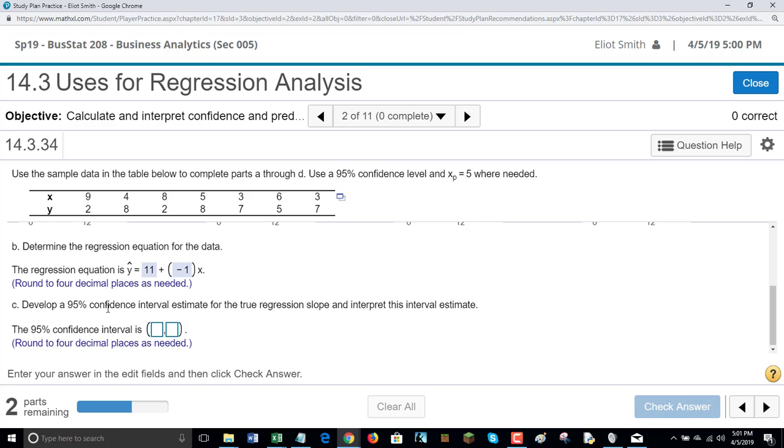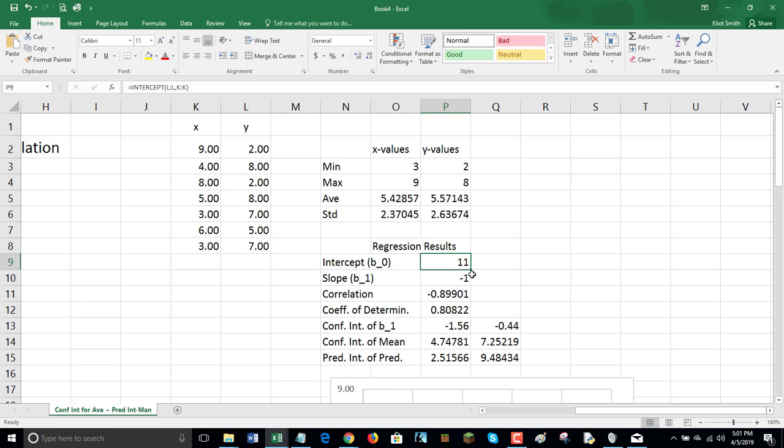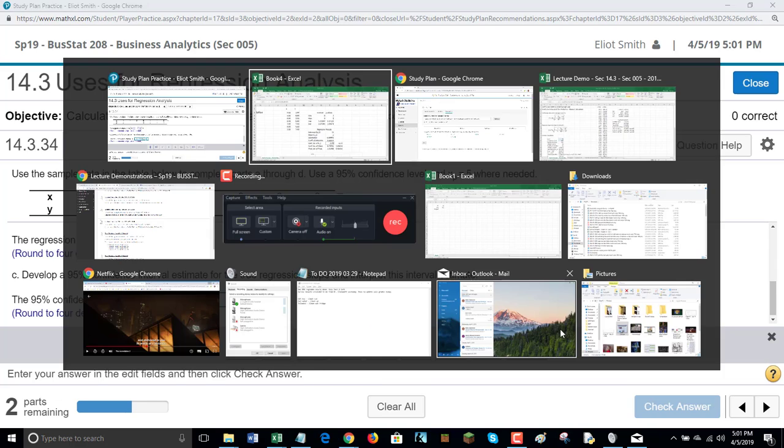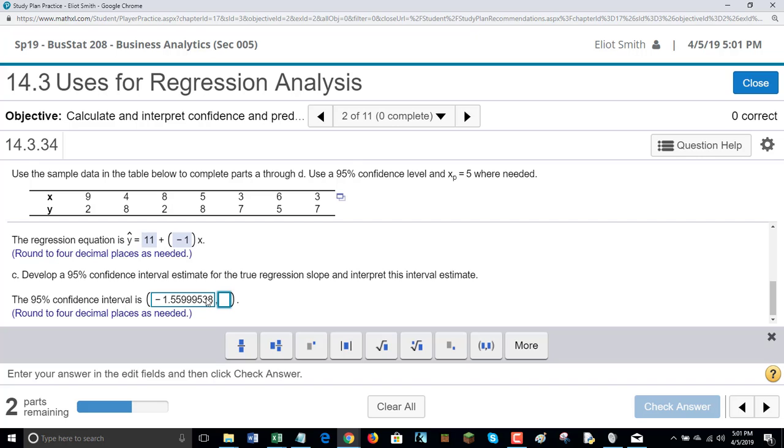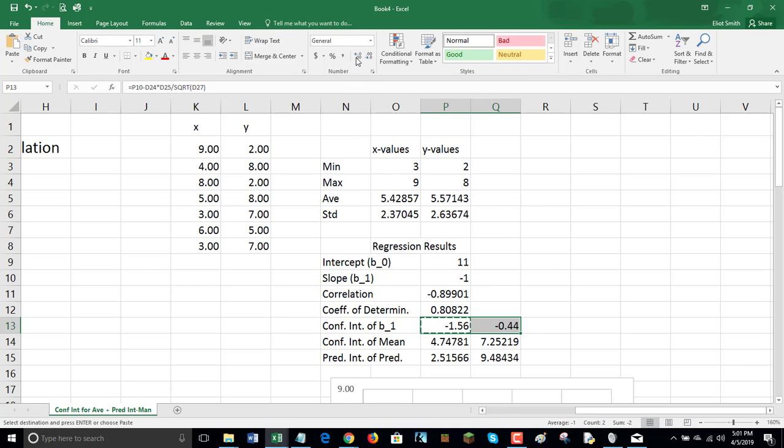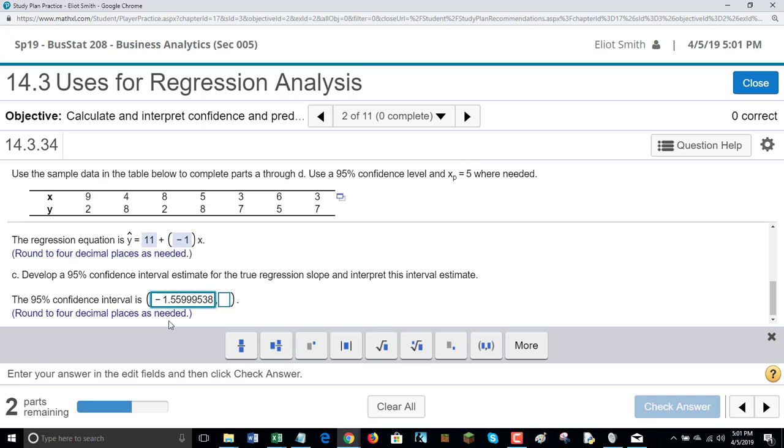Oh, wow, 95%. Okay, so here's the first confidence interval. We've done the how a little quickly, so please review that if you need to. We need the 95% confidence interval, so we're looking for an interval of what? The slope. So right there it says slope. So coming back to my setup here. Okay, so we need 4 decimals.